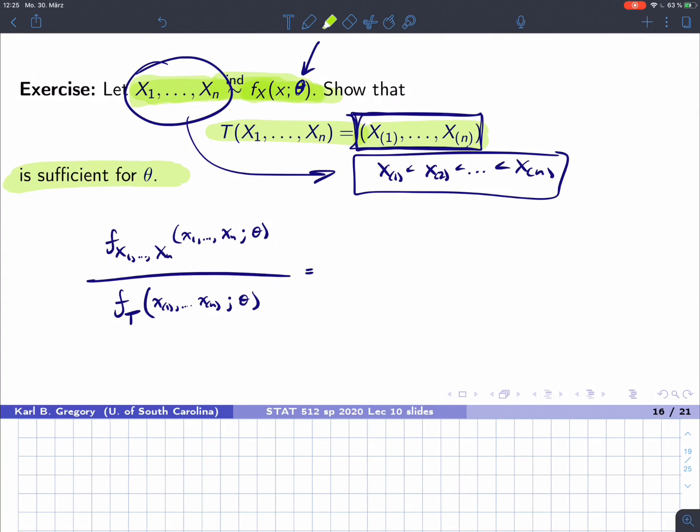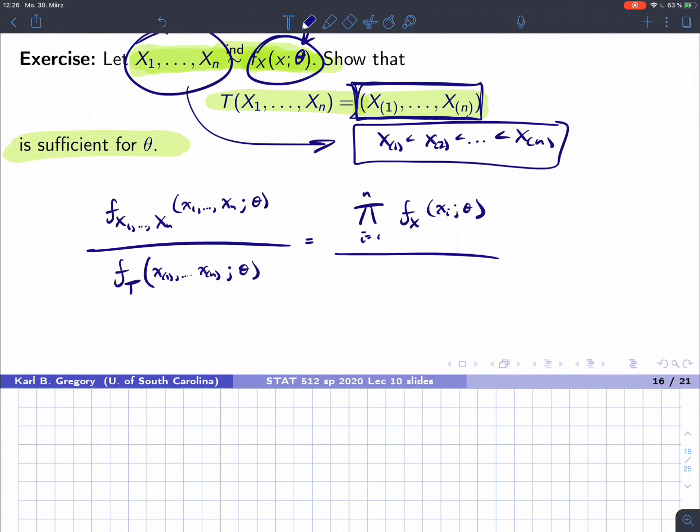In the numerator, we've just got the joint PDF of all the random variables in the sample, and that is going to be the product of this density, this one, over all the x's. Okay, and in the denominator we've got this one.